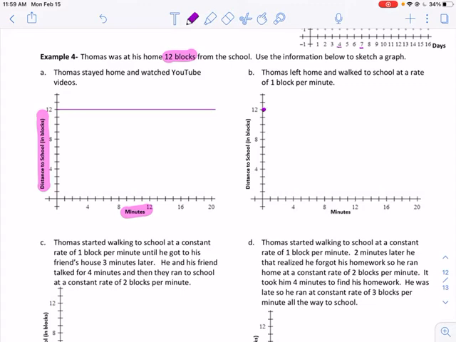And he walked to school at a rate of 1 block per minute. So after 1 minute, he is now 11 blocks from the school because he's walking closer to the school, right? So then your graph should look like this. It should be a straight line down, a slope of -1 because he's going 1 block per minute.